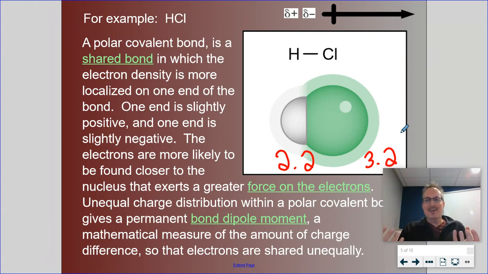I'm pulling stronger than him, so I'm going to get more rope. I'm going to have more of the bond. So it's going to take on this shape like an egg. Although it's shared, I'm going to get more of that bond on the chlorine side. Cameron's going to get less of the bond on the hydrogen side, because it's a higher electronegativity value.